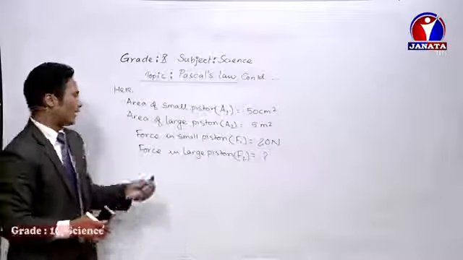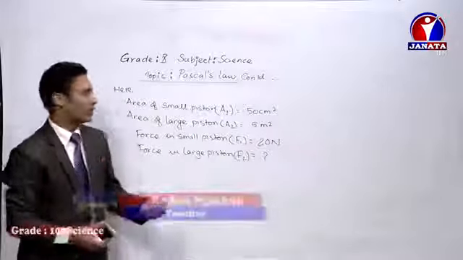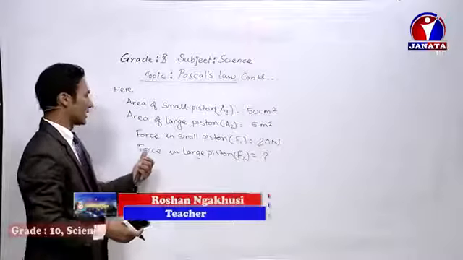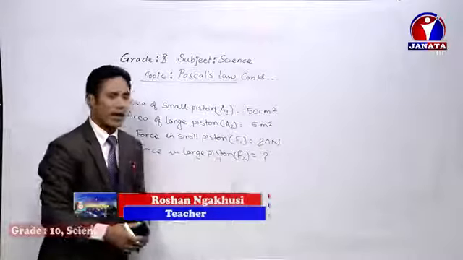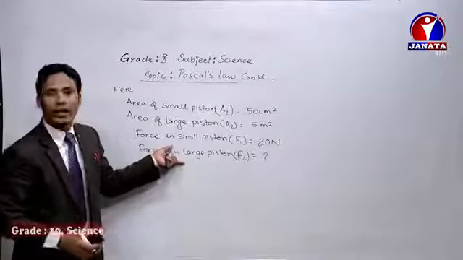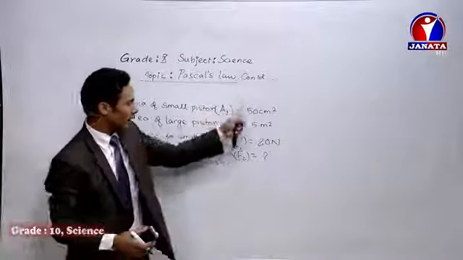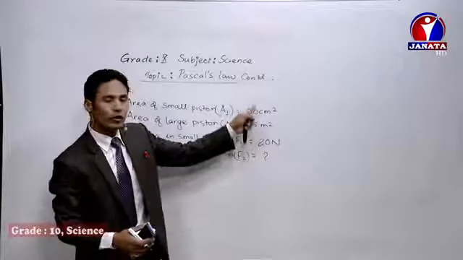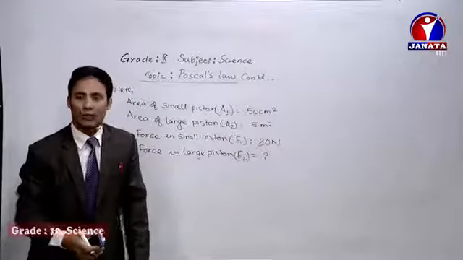So we need to find the load that can be exerted on the large piston, or we can also say the force in the large piston. Before solving this, we need to check whether all the units are in the same system of units.